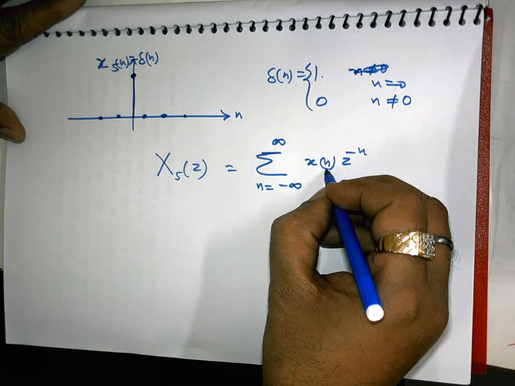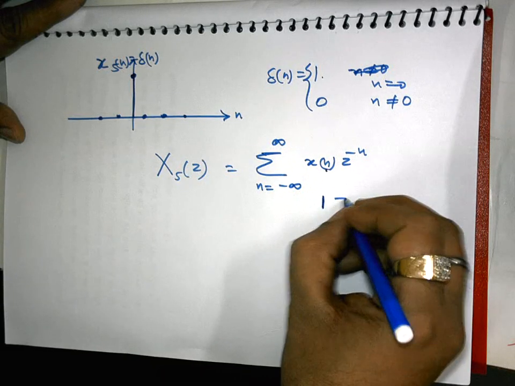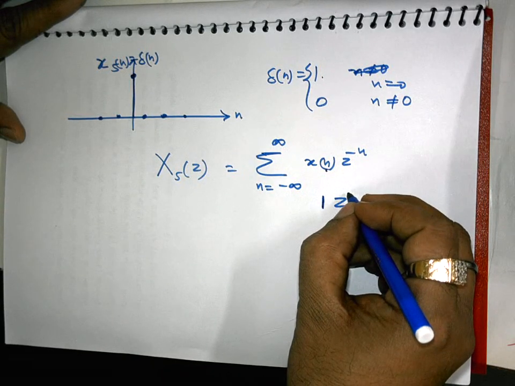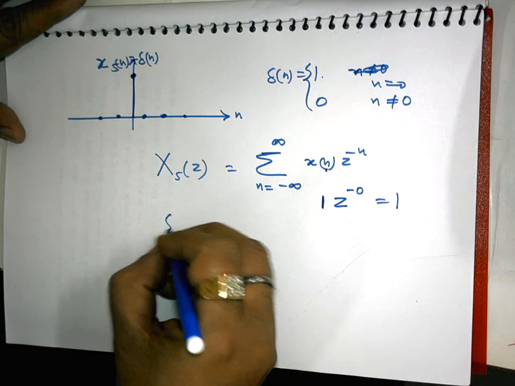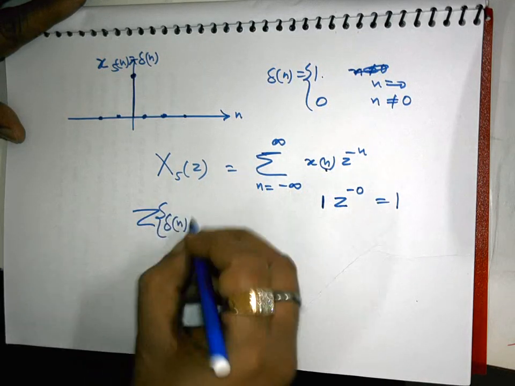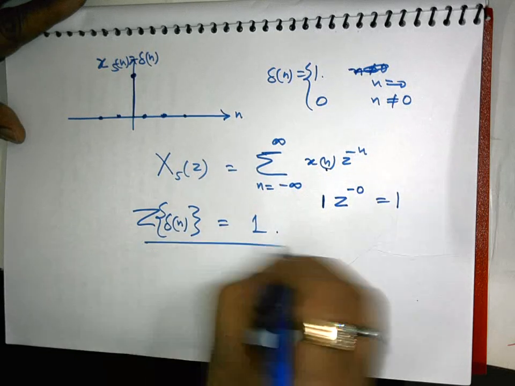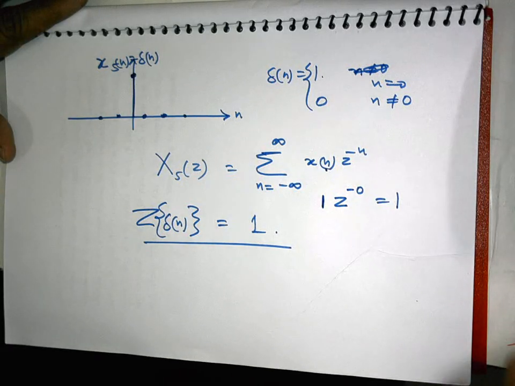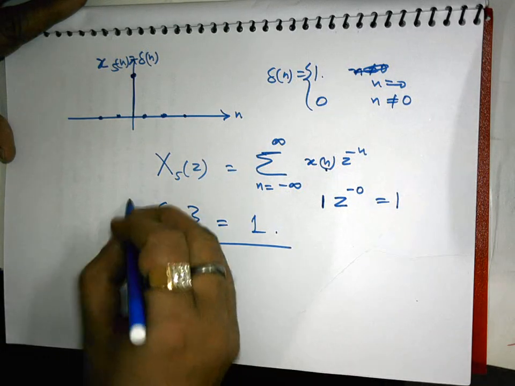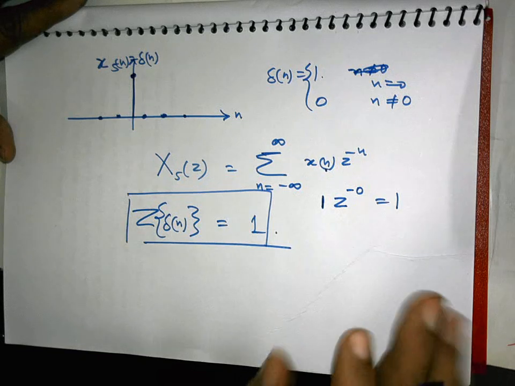At n equal to 0, its value is 1, x[n] is 1. So 1 times z to the power minus 0, and this happens to be equal to 1. So the Z transform of signal delta[n] is equal to 1, and this is the signal which has its region of convergence as the entire z plane. No point has to be left.